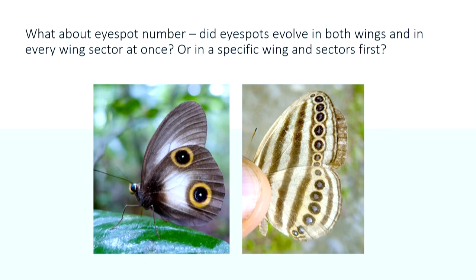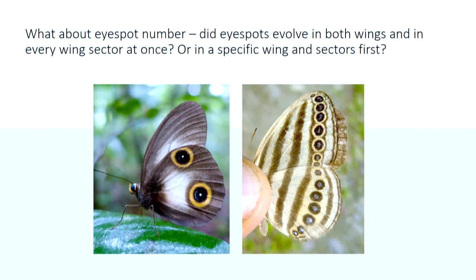Or did they originate across all of the wing sectors that you see here from this species from Cambodia, and then got slowly repressed by different alleles to create the type of variation that some species now display.